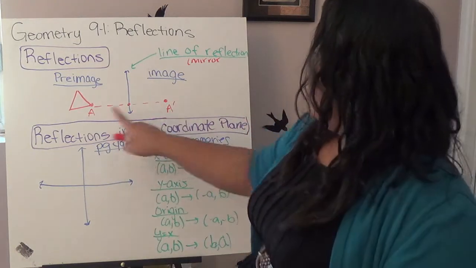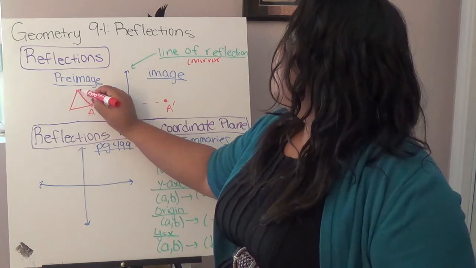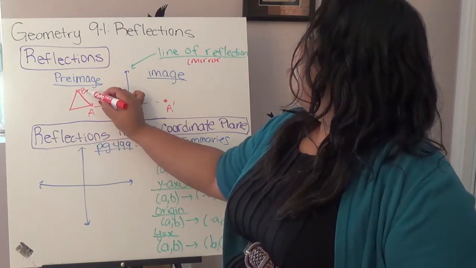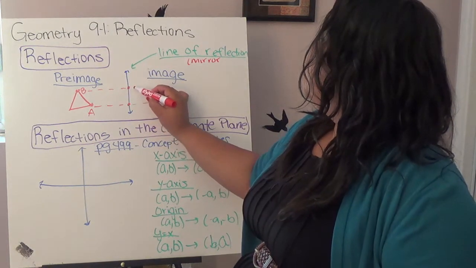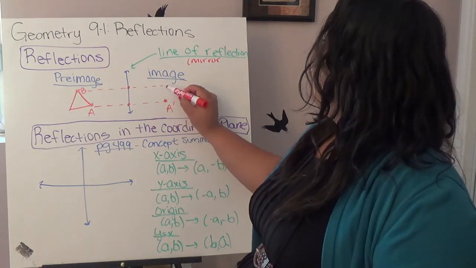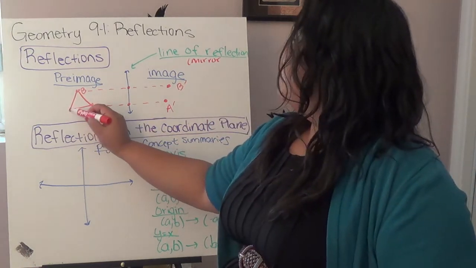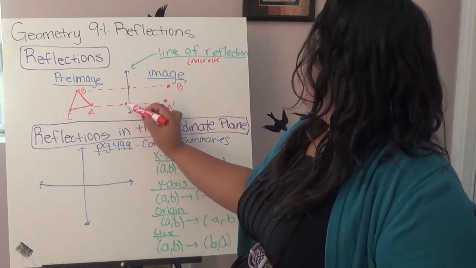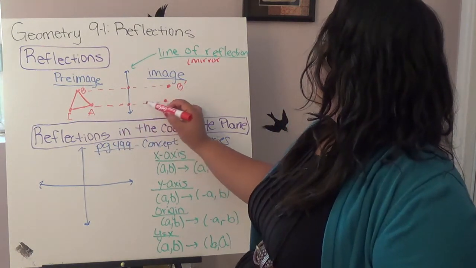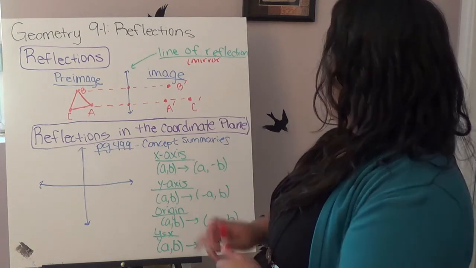So I know that A prime is the reflection of A. If this is B, and this is 1, 2, 3, 4, 5, then this would be 1, 2, 3, 4, 5. It would be B prime. And then if I have C, then this would be 1, 2, 3, 4, 5, 6. Then this would be 1, 2, 3, 4, 5, 6. And this would be C prime.